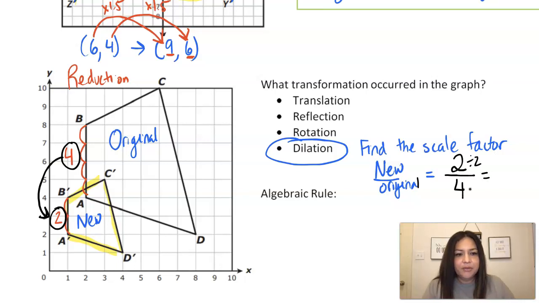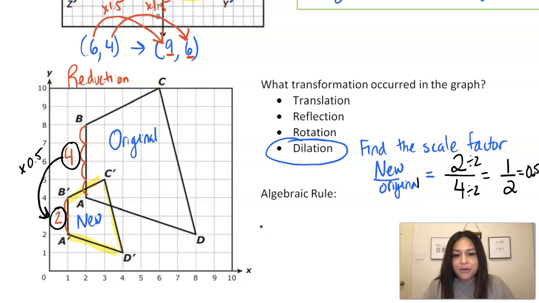If I do simplify, I would divide by 2 both top and bottom, and I get 1/2. So that's simplified. That could be my scale factor. If I turn this to a decimal, this is going to be a 0.5. Either one I can go ahead and use. And once again, we found the number that we multiplied times the original to get the new. So 4 times 0.5 will give me a 2.